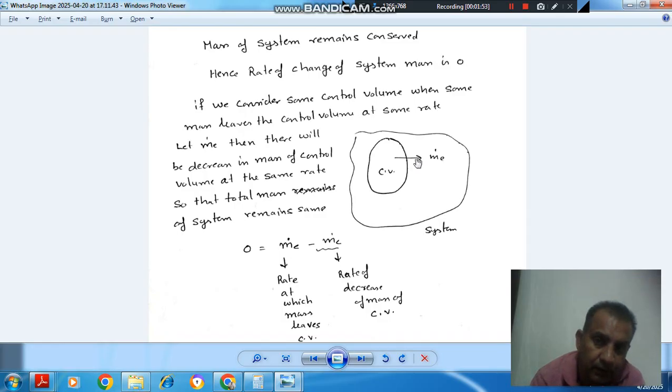If some mass is leaving the control surface or control volume, then its mass will decrease by the same amount at which the mass is leaving the system. So the rate of decrease of mass of the control volume is minus m_e dot, and the rate of leaving the control volume is m_e dot, such that their summation is 0. So that is your Reynolds transport theorem.